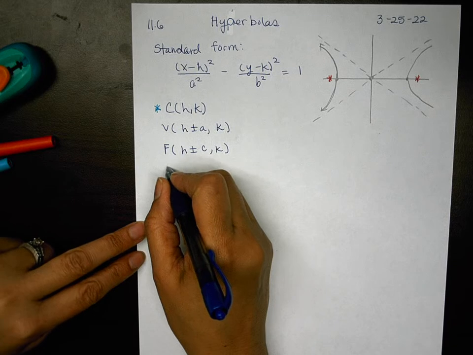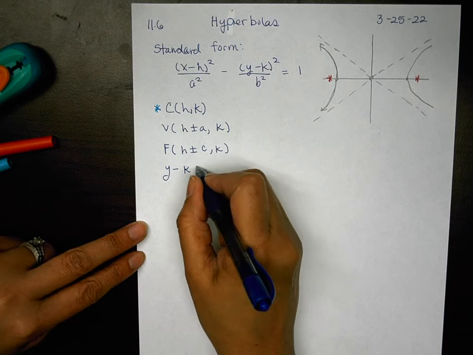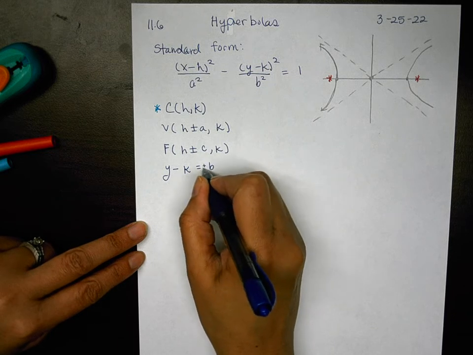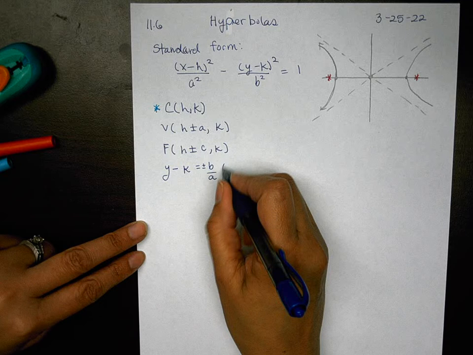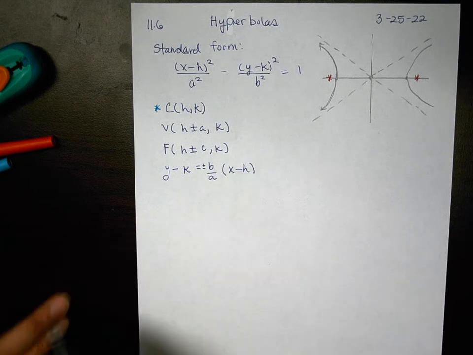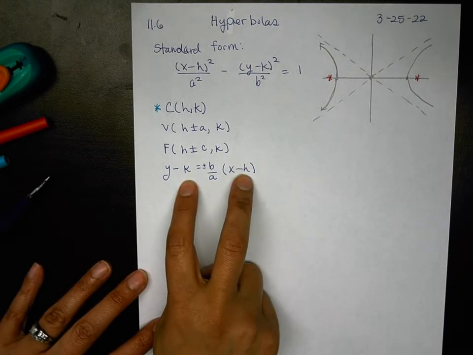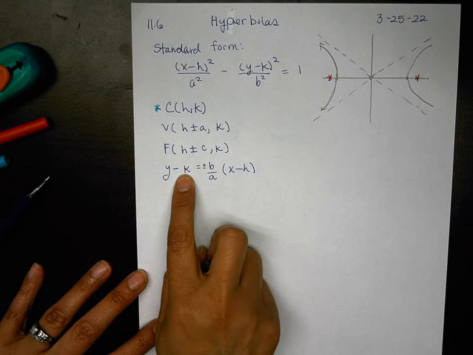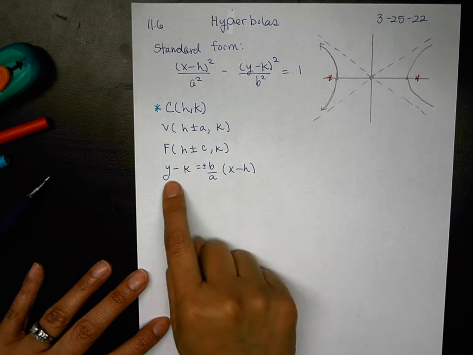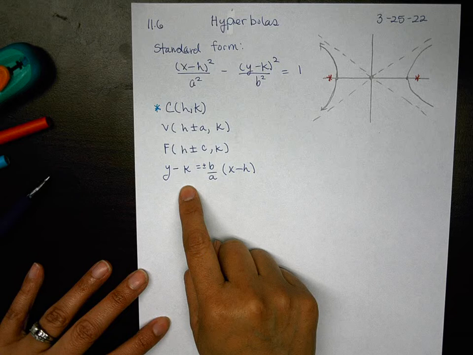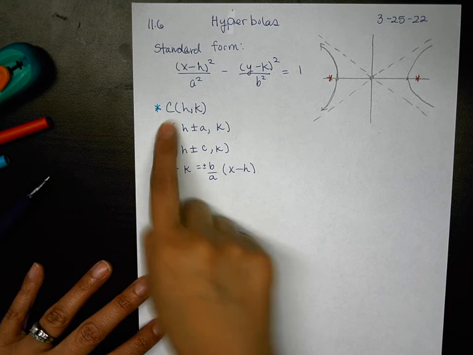And then this last piece here is the equation of the asymptotes. y minus k, coming from the center, equals plus or minus b over a, coming from the b and the a, parentheses x minus h. If you didn't notice it, this is the point-slope form for the equation of the line. It's usually y minus y1 equals m times x minus x1. y minus y1, the y value of the center, equals plus or minus the slope, x minus x1, the x value of the center.